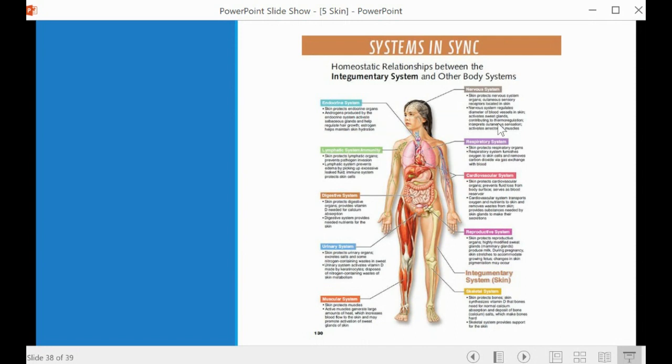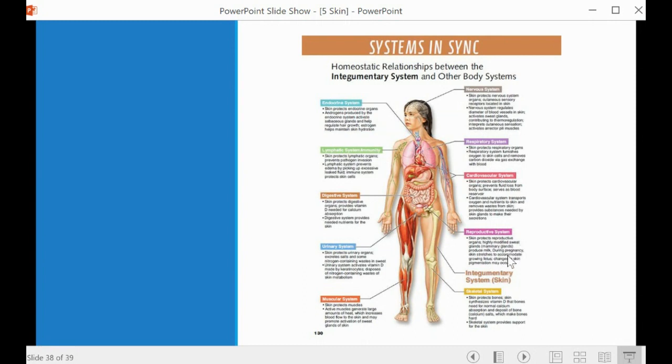The nervous system is going to be regulating the diameter of the blood vessels of the skin, activating our sweat glands, doing thermoregulation, cutaneous sensation, activating those arrector pili muscles. The respiratory system is giving oxygen to those skin cells and removing the carbon dioxide. The cardiovascular system is going to be transporting the nutrients.